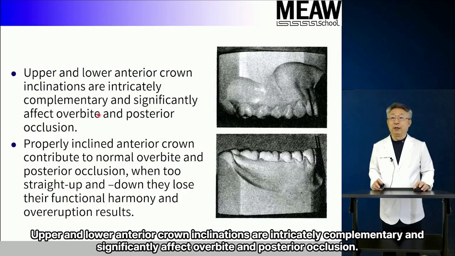Upper and lower anterior crown inclinations are intricately complementary and significantly affect overbite and posterior occlusion.